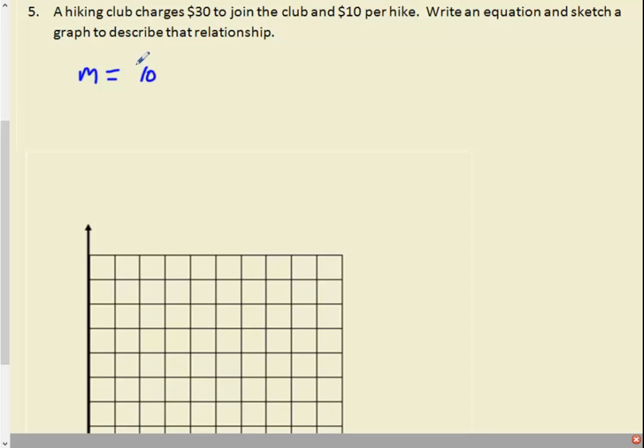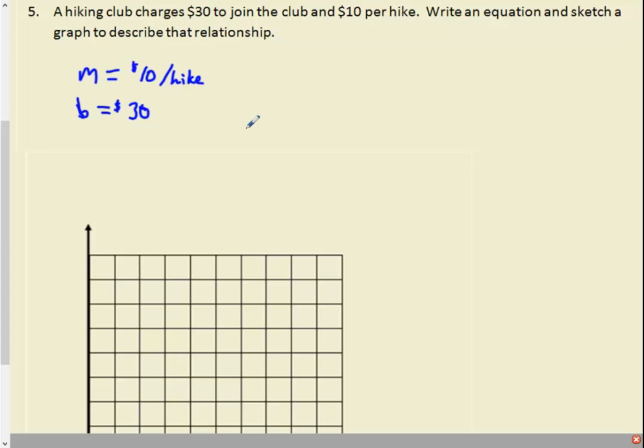So slope is, if you want to write the units, $10 per hike. Notice that needs to be a unit rate. We'd like to see it as a unit rate per one hike. That's good. And then our y-intercept, b, is equal to the initial fee that it costs us just to join. So it costs $30 before we even take a hike.